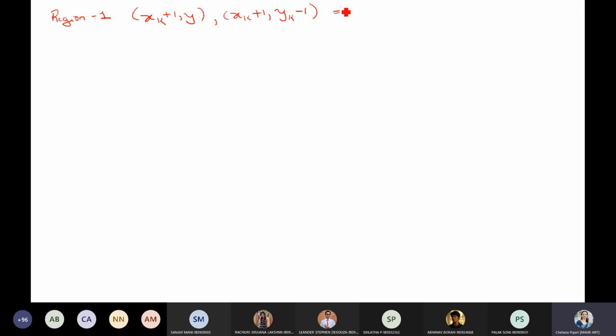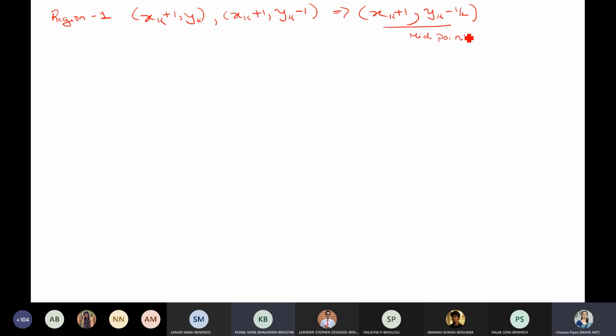Because you are going for a midpoint line drawing algorithm, just take an average: xk plus 1 plus xk plus 1 divided by 2, which is nothing but xk plus 1. Similarly, for y, yk plus yk minus 1 divided by 2, which is equal to yk minus 1 by 2. This is our midpoint.